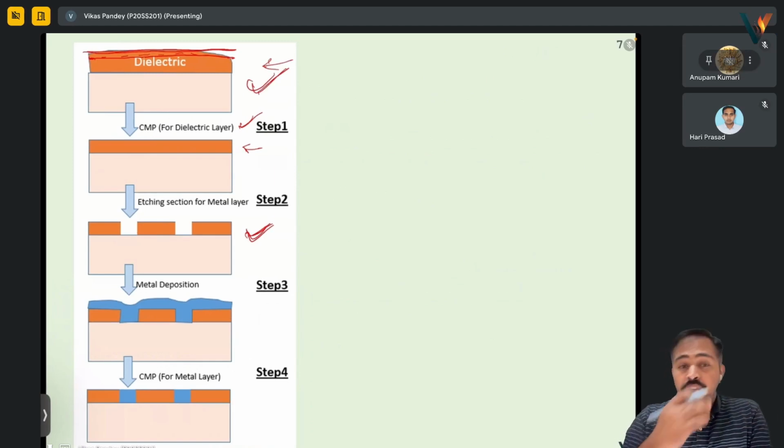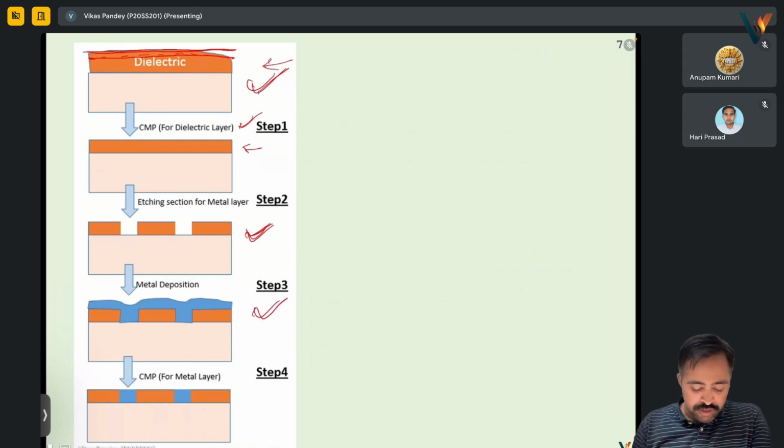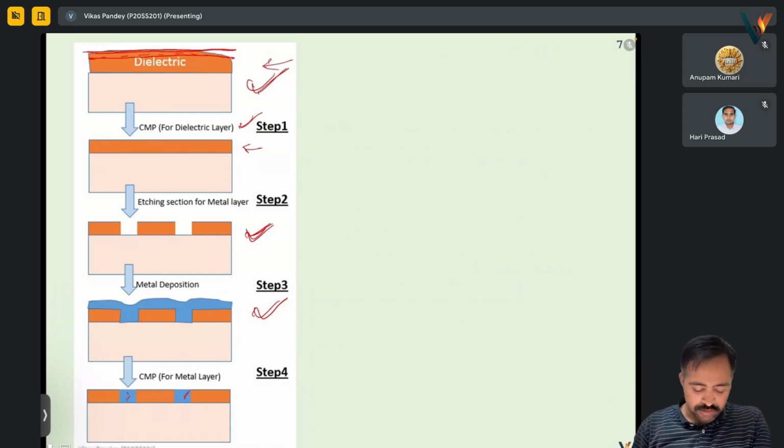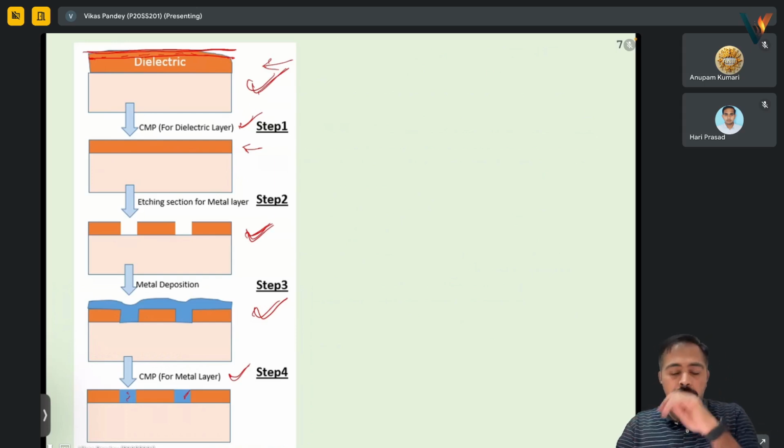Then after that, we do the metal deposition, say, and if we just wanted the metal to be filled in this area that was opened by the dielectric layer, we can directly do the CMP. That is, we flatten it and all the metal will be removed except for the areas that we wanted.